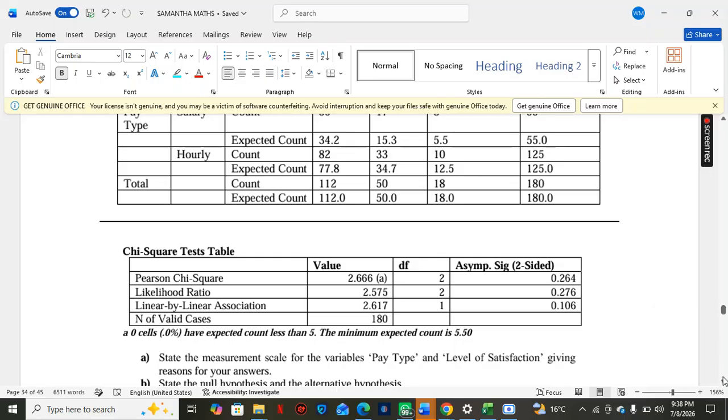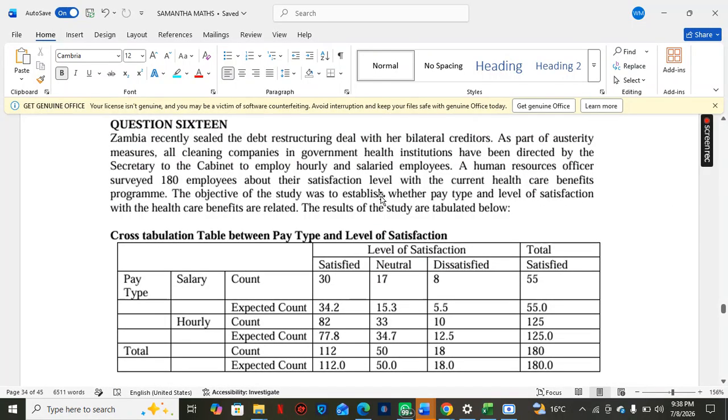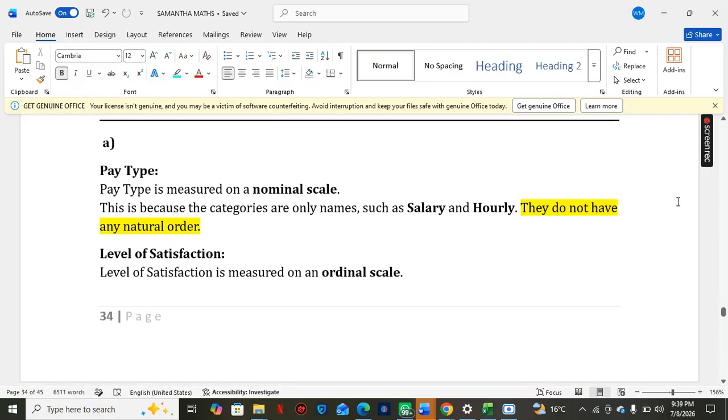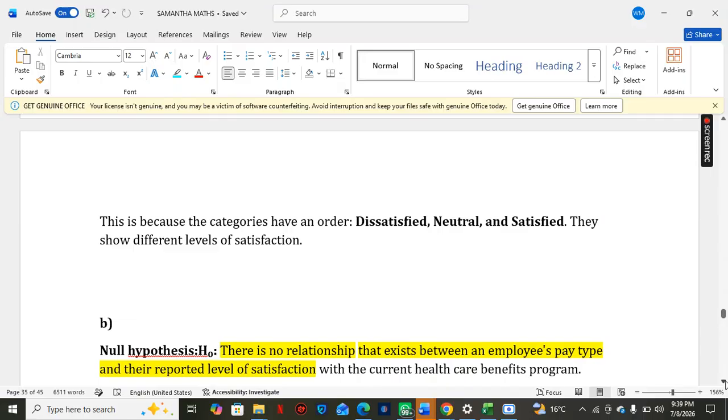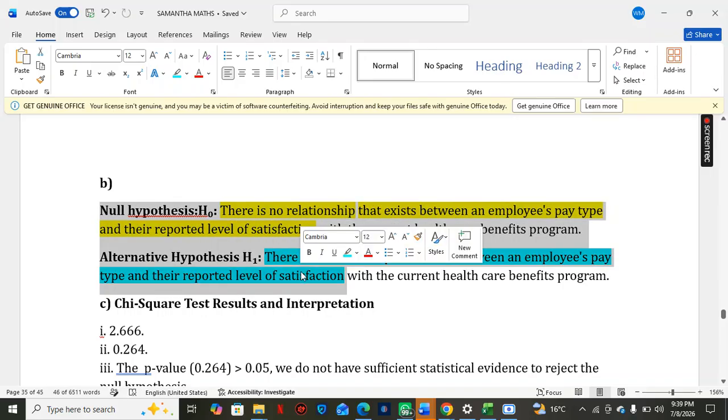We're looking at question 16. We're trying to say if there's a relationship between the pay type and level of satisfaction. We're trying to see if there's a relationship between those two variables. So we're conducting a chi-square test, which tests to see if there's a relationship between two variables. So we're just stating what the null hypothesis and the alternative hypothesis are.